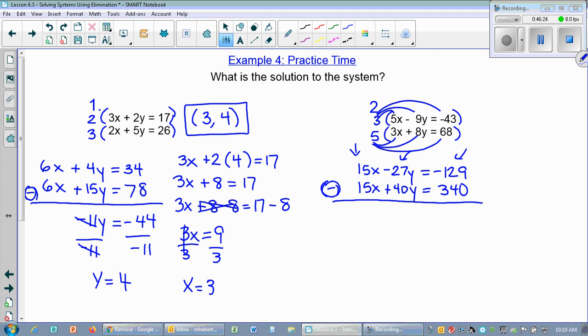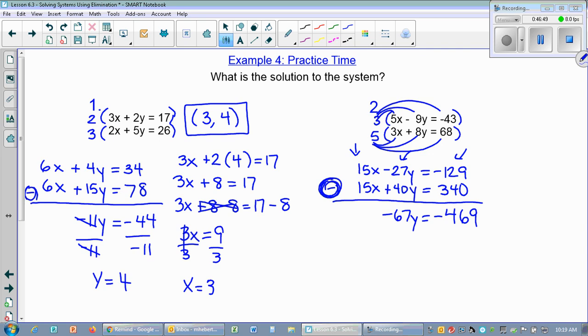15 minus 15 gives me 0x. Negative 27 minus 40 is equal to negative 67y. Negative 129 minus 340 is equal to negative 469.